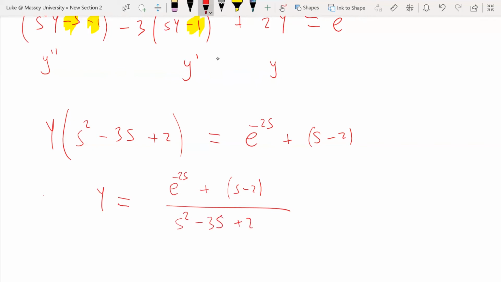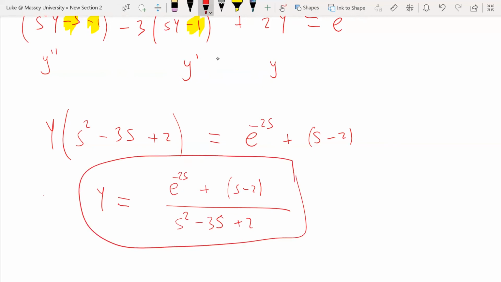So I have a solution in s space, but now I want to invert that to get a solution in the t space. I can already see that my denominator can be written as the product of two terms. S minus 1, s minus 2. Sorry, let's start again.